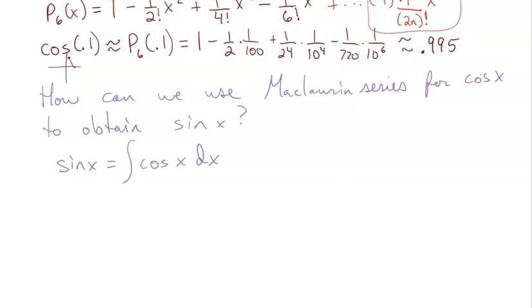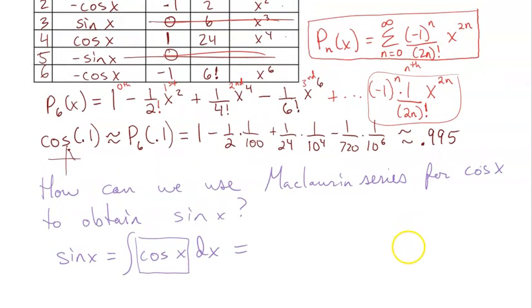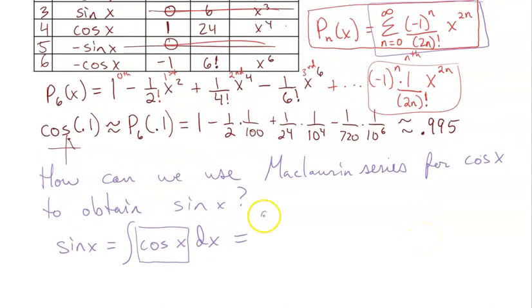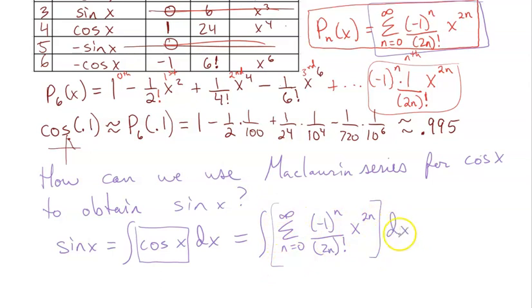So I know that I can replace this piece with this right here, the sigma notation. That's going to give me the integral of the sum from 0 to infinity of -1 to the n over the quantity 2n factorial, make sure you have parentheses there, times x to the 2n, and then all of that times dx.